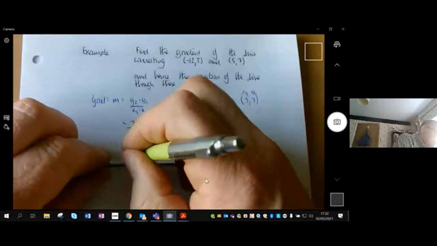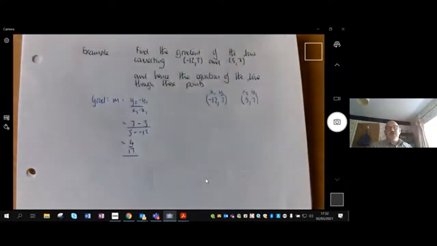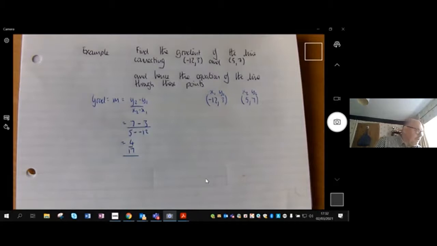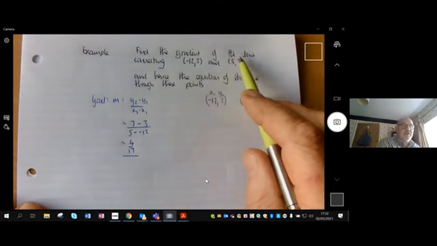Okay. Looks a bit awkward. If I'd got something awkward like that, I would check it. If you've got an answer like that, just check it, make sure it's right. It is right. Okay. So, find the gradient of the line, go back and read the question.